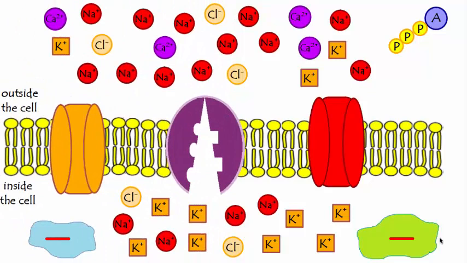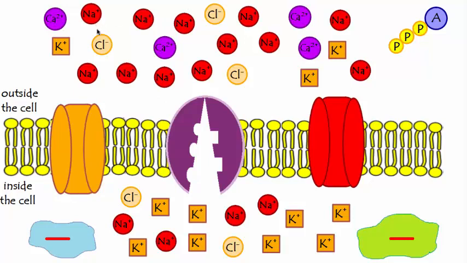In order to understand why there is this potential difference between the inside and the outside of the cell, we're going to take a closer look at the cell membrane, the channels and pumps found in it, and the concentration of ions inside and outside the cell.